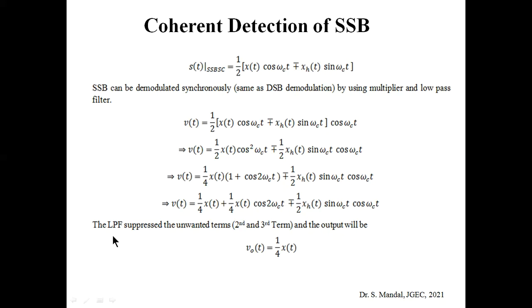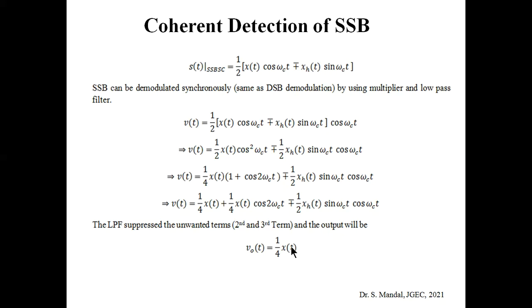If you use a simple low pass filter, it will only pass the x(t) signal, and all the other frequency components will be suppressed. That means the second and third terms will be suppressed, and ultimately the output v0 will be 1 by 4 x(t). Obviously this is nothing but the message signal. So you can easily extract the message signal from the received SSB signal.